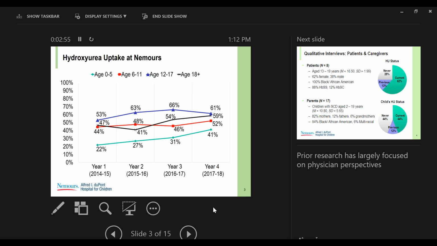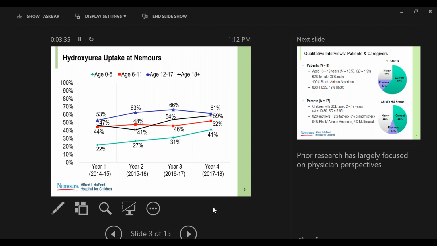And as you can see, for the little kiddos, for the 0 to 5, we see a nice increase in terms of the percentage of kids with SS and S beta 0 type, which are the more severe types of sickle cell disease, from 20% in year 1 doubled to 40% of kids with those genotypes on hydroxyurea here at Nemours, but still lots of room for improvement. Whereas in the preteen and teenage group, it's a little bit more of a stable trend across the years, not much change from maybe mid 40s to low 50s.